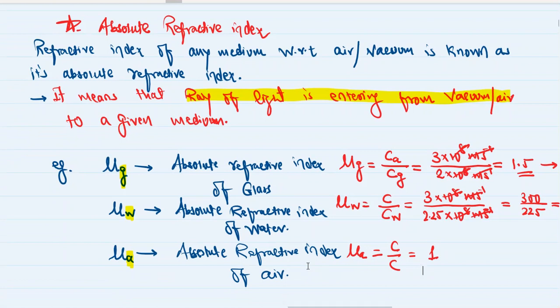Okay, a few more examples. So this is absolute refractive index. Whenever we talk about absolute refractive index, it is just to understand whether the speed of light in that medium slows down to a greater extent or to a smaller extent. Okay, that is what absolute refractive index tells you.